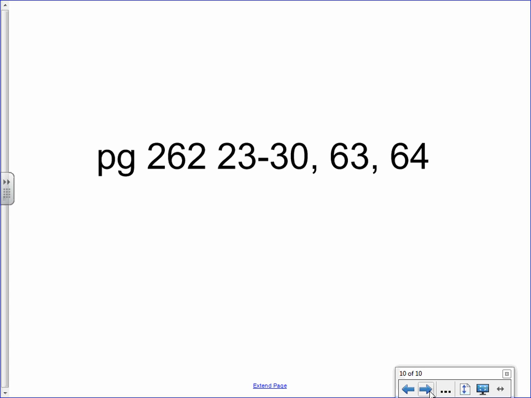Now on 63 and 64, they ask you to approximate with the midpoint rule. What I'd like you to do for 63 and 64 is do all three.